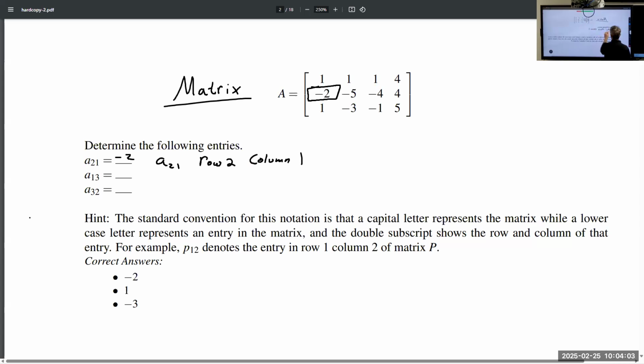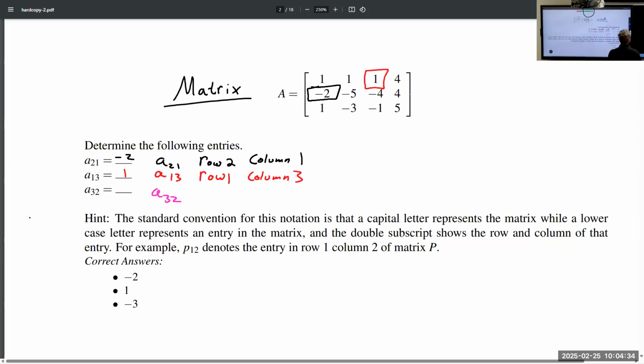What is A13? That's row 3, column, sorry, row 1, column 3. Row 1, column 3 would just be this number 1. Okay, so it's just identifying where these things are located. This is A32.